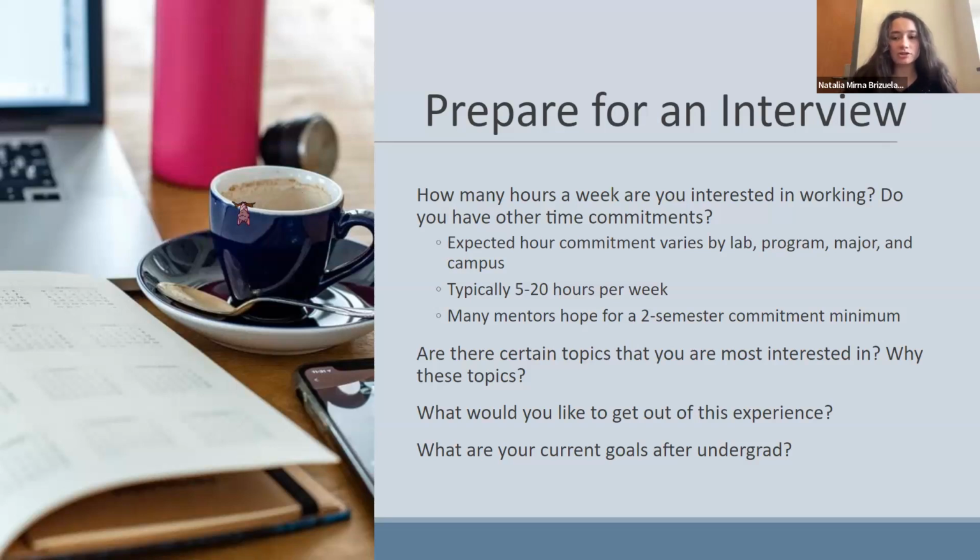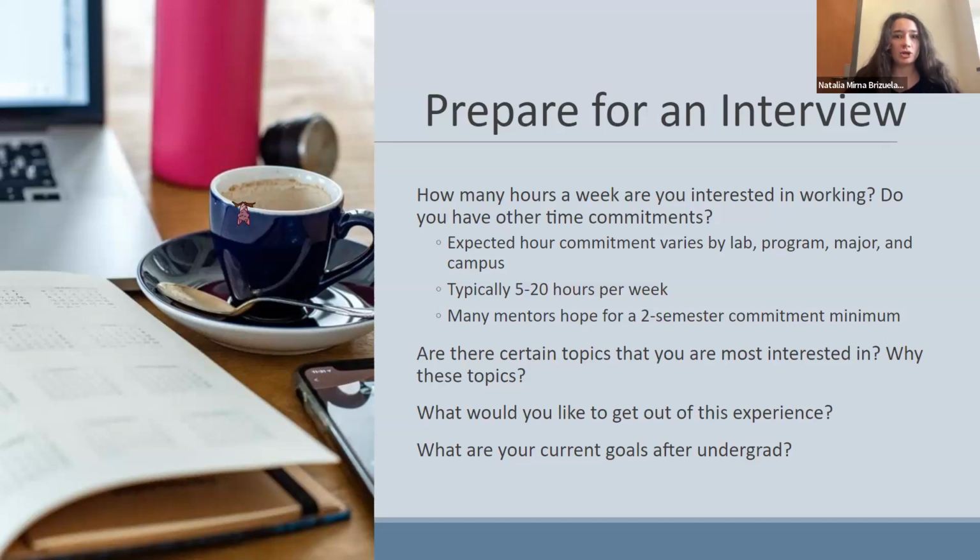Typically professors would look for 5 to 20 hours per week, depending on what you're working on. For me, in some of the Grape Berry Moth research I'm doing currently, it's actually around 30 minutes a day that I go in and make sure that they're fed, switch out the grapes in their enclosure, and write everything down in a lab notebook.